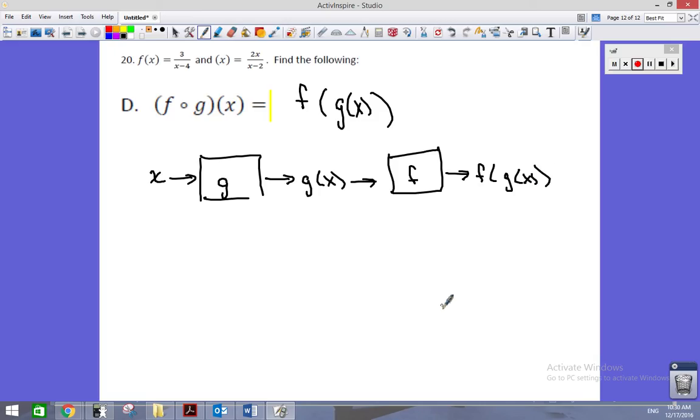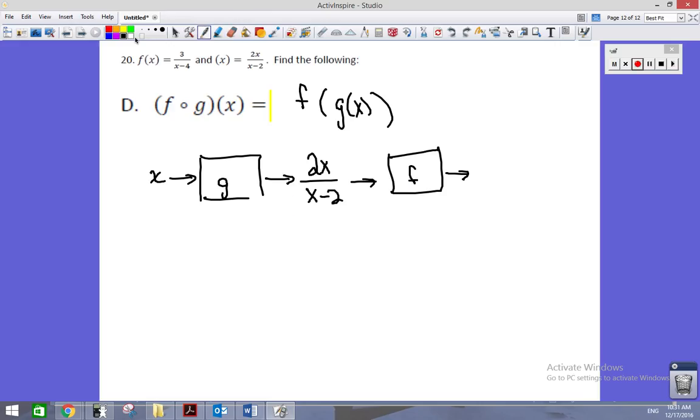Alright, so let's do this function composition for this problem. When we input x into g, this formula tells us that what comes out of g is 2x over x minus 2. So now if we input that into f, what comes out of f? Well, what does the function f do to the input?